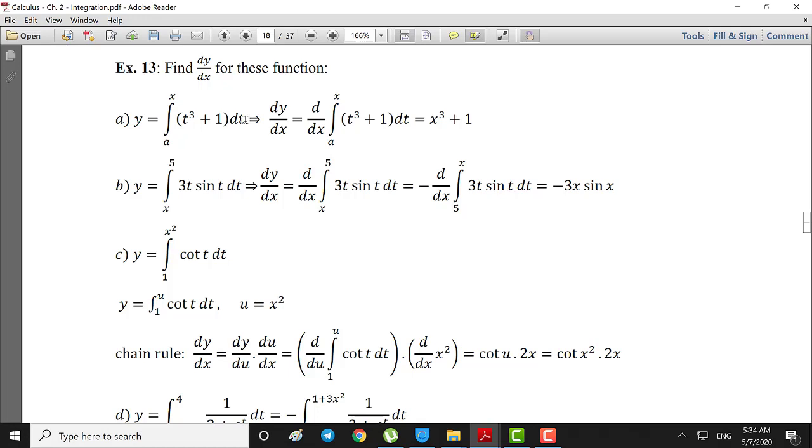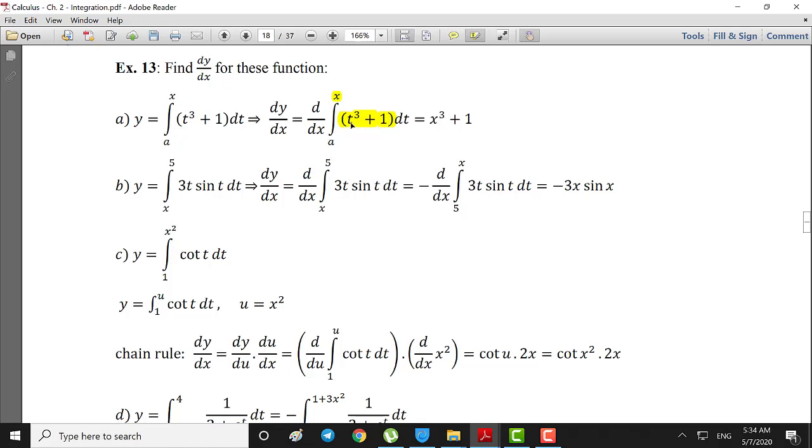Now, using the fundamental theorem of calculus part 1, we can say that dy over dx, which is d over dx of this integration, is going to be equal to this integrand evaluated at the variable we're working with, or the upper limit of the integral.